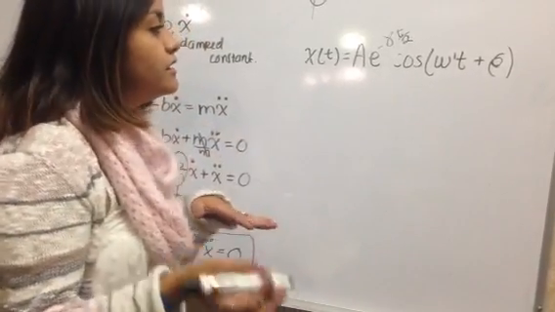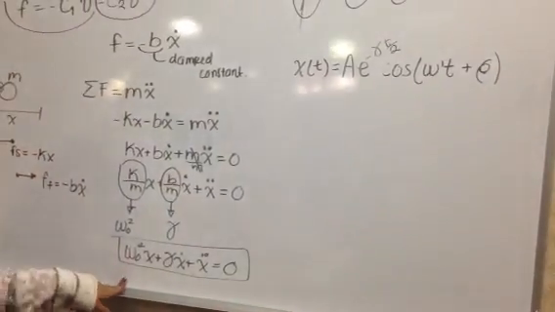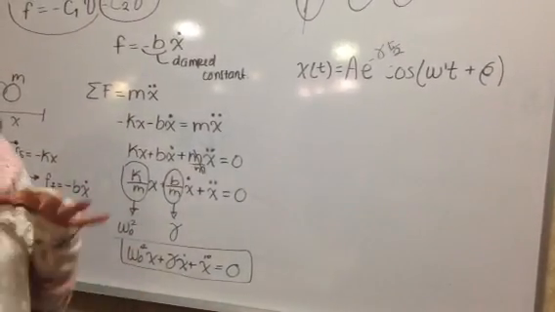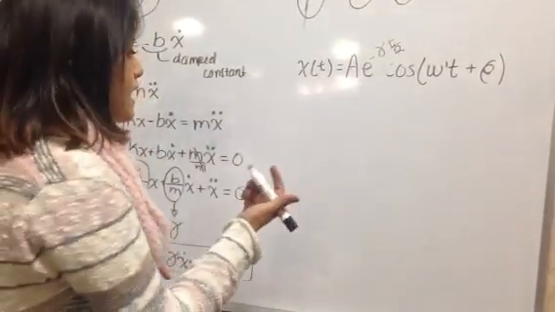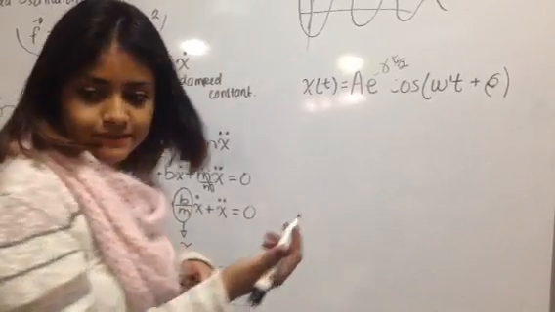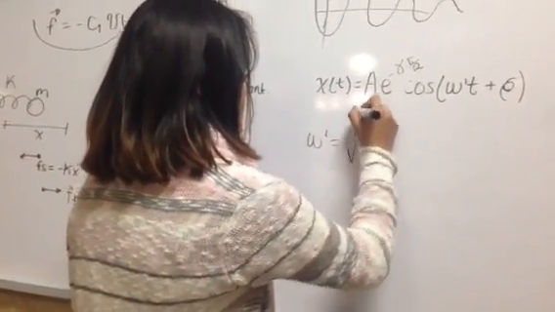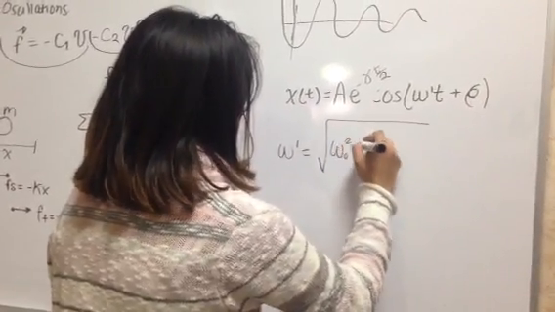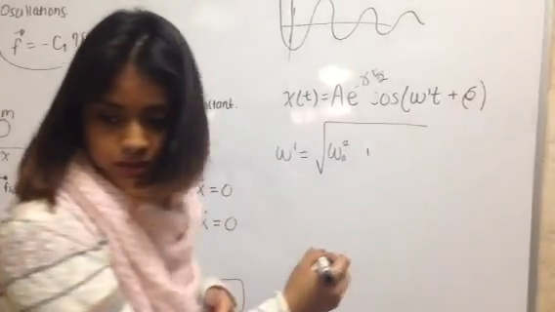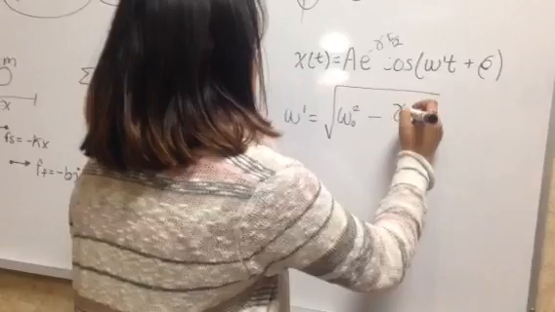And we have a relationship because this omega is not the same as this omega. So we have another formula that relates these two omegas, and it is omega prime equal to the square root of omega squared minus, sorry, gamma squared.